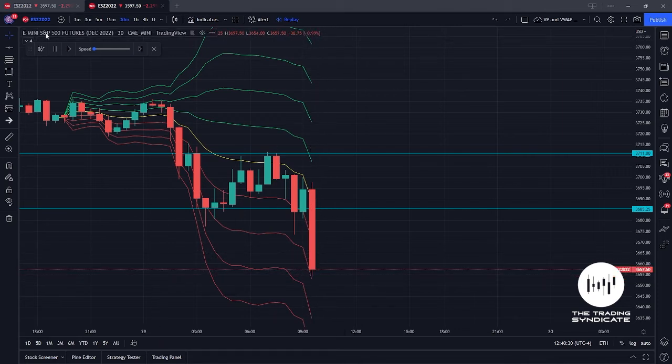And when the market opens at 9:30, we have a sell-off at the rejection of VWAP and a continuation down below our level of support.